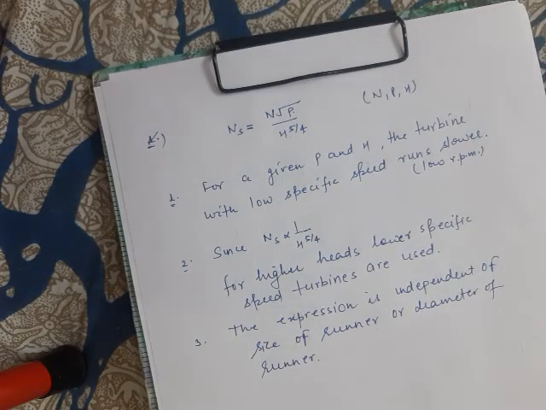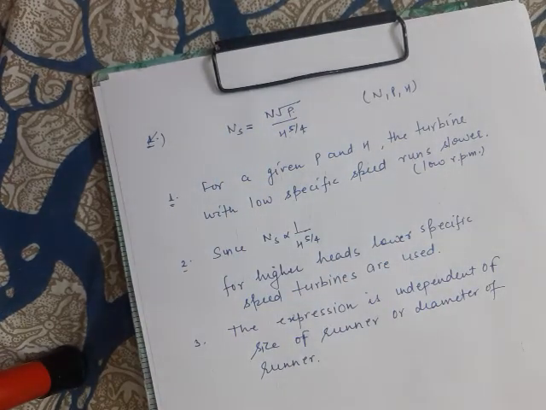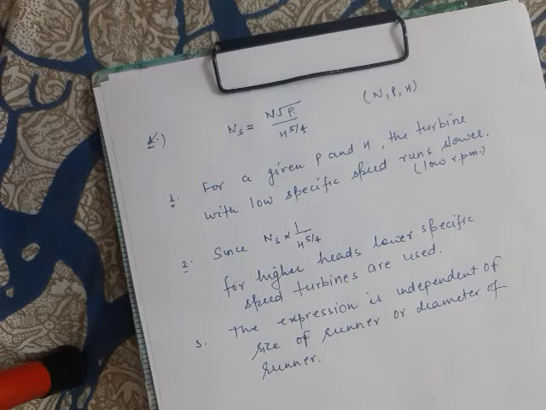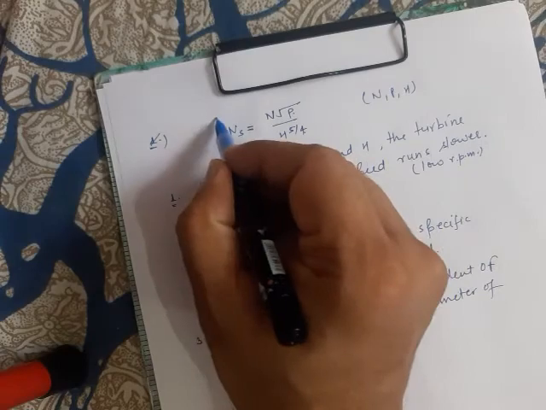So this specific speed enables us to select a suitable turbine in a particular shape of turbines, that is, in a homologous series of turbines, for our application. So these are some important points regarding specific speed.